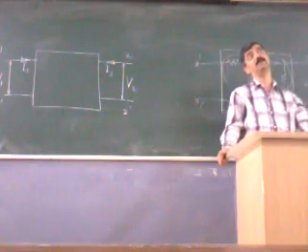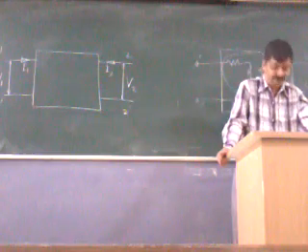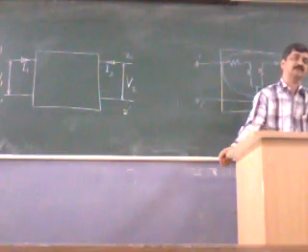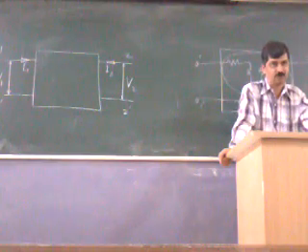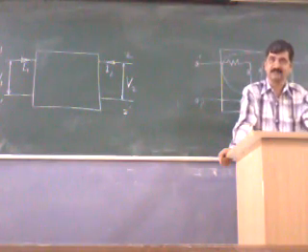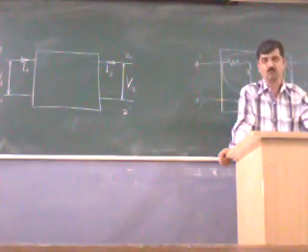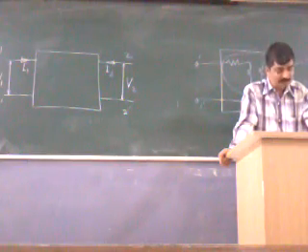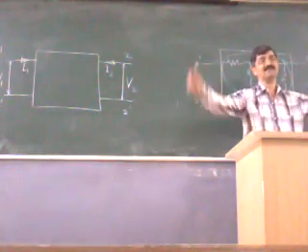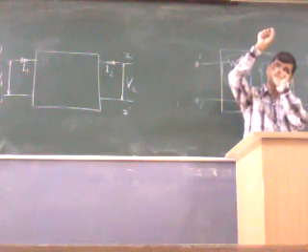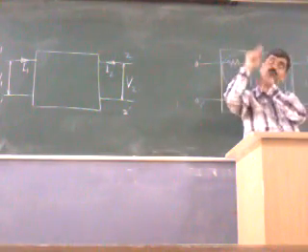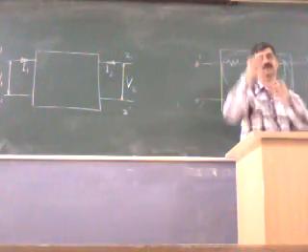Means 2 different circuits may have the same Thevenin's parameters. Agreeable or not? 2 different circuits may have the same Thevenin's parameters. So what does it mean? I give you a very simple example. Circuits are different, but from these 2 points they behave in a similar way.